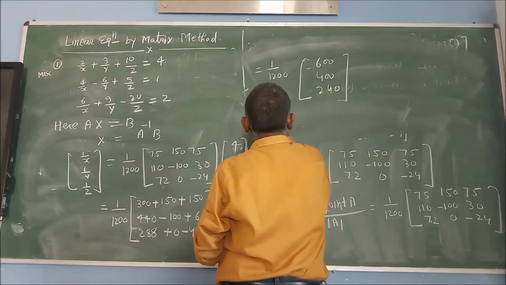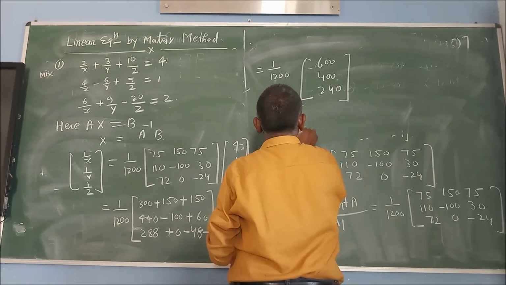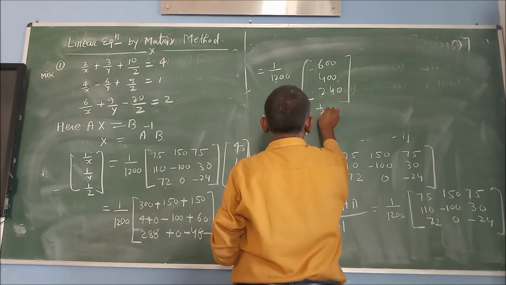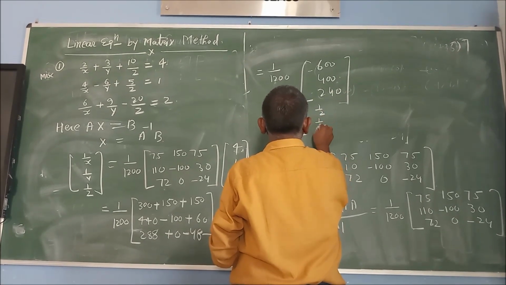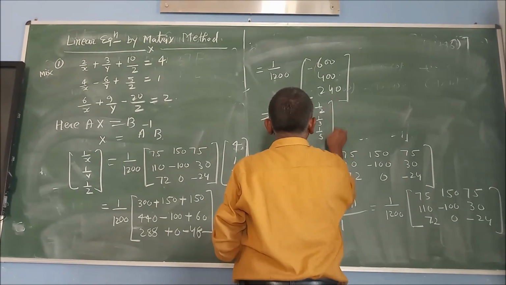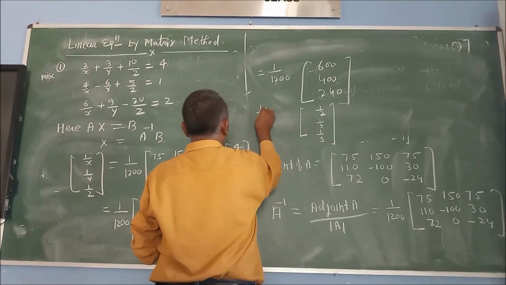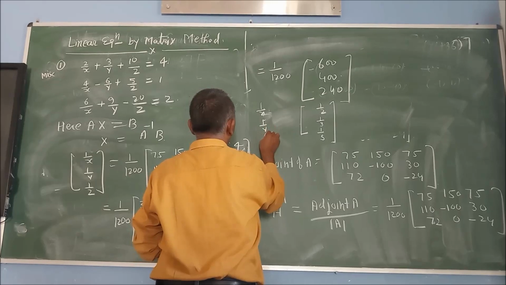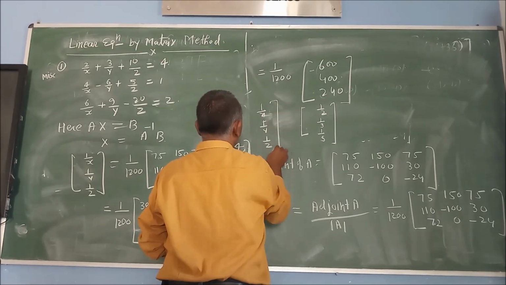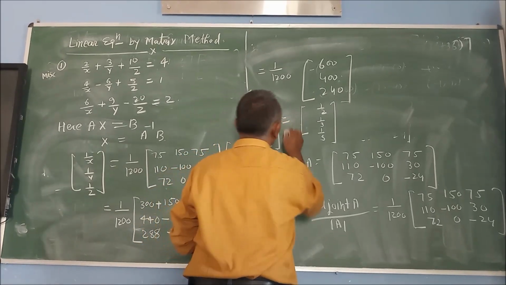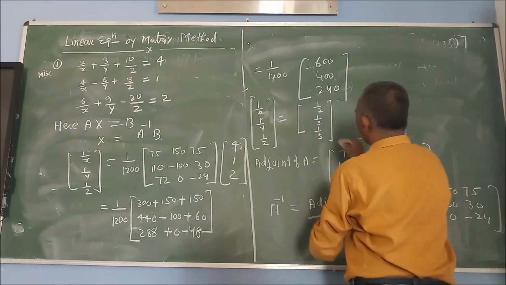Take it inside the matrix. So this is your 1 by 2, 1 by 3 and 1 by 5. So we have calculated that 1 by x, 1 by y, 1 by z will equal 1 by 2, 1 by 3, 1 by 5.